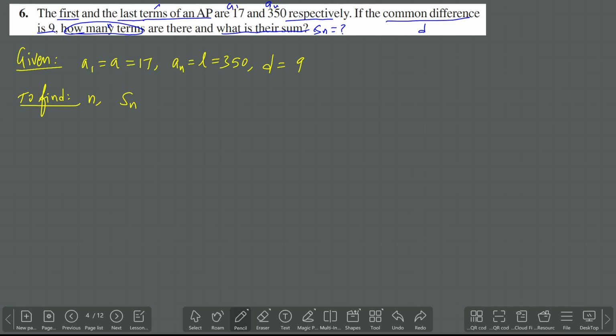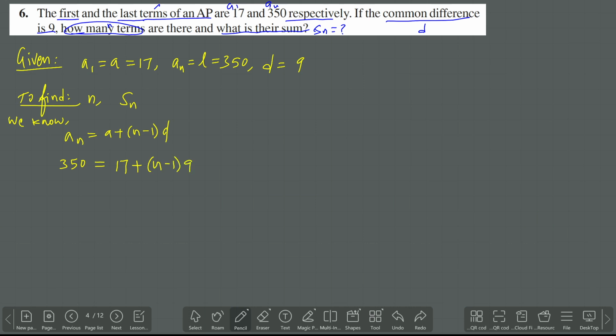AN is given. From the AN, we can find the N value when they give A and D. A and D are given there. So very easily we can find it. Am I right? Now I'm going. AN formula I know: A plus N minus 1 into D. I'm writing AN value 350 equal to A value 17 plus N minus 1 into D value 9.